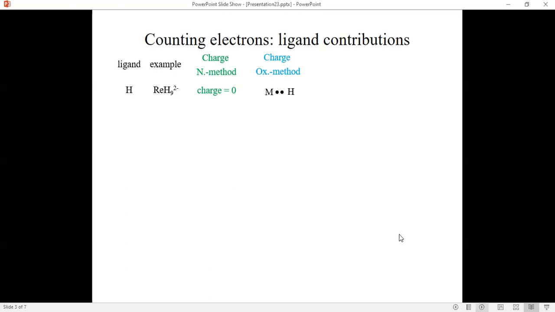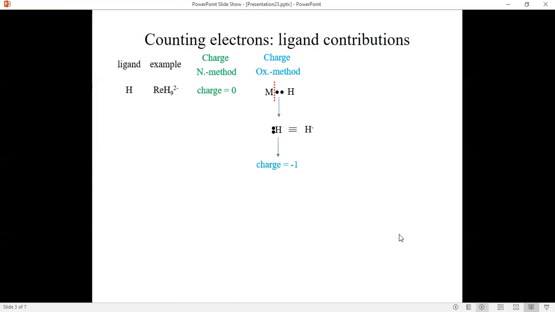We have here the metal hydrogen bond that contains 2 electrons. So we cleave the metal hydrogen bond heteroleptically so that both electrons are assigned to the hydrogen. And that creates an H- anion with a 1- charge at the ligand. So the charge is minus 1.